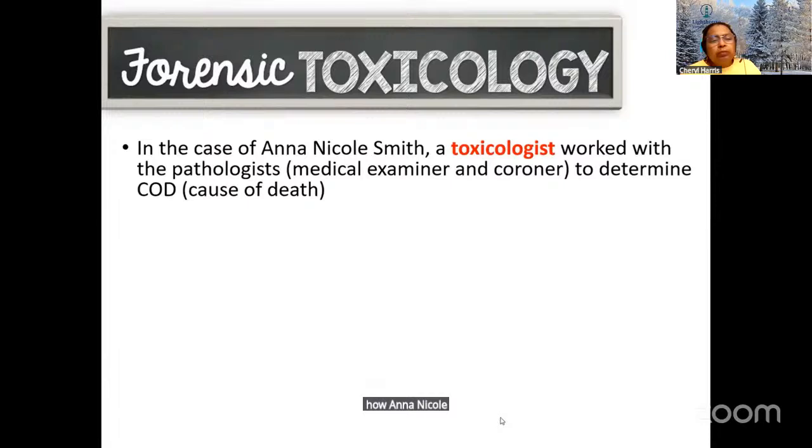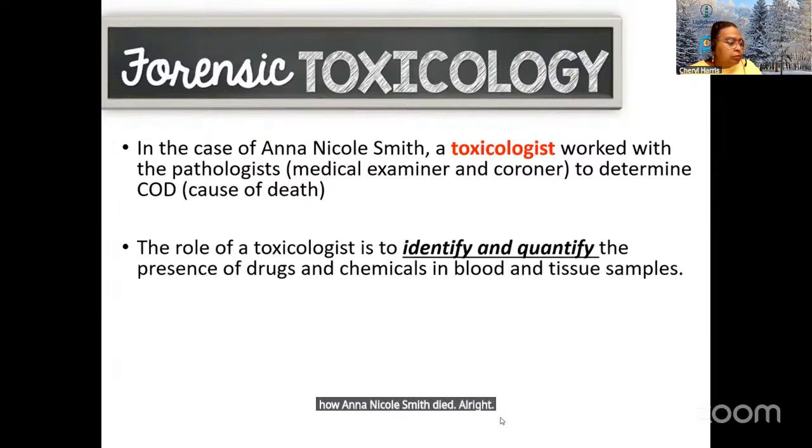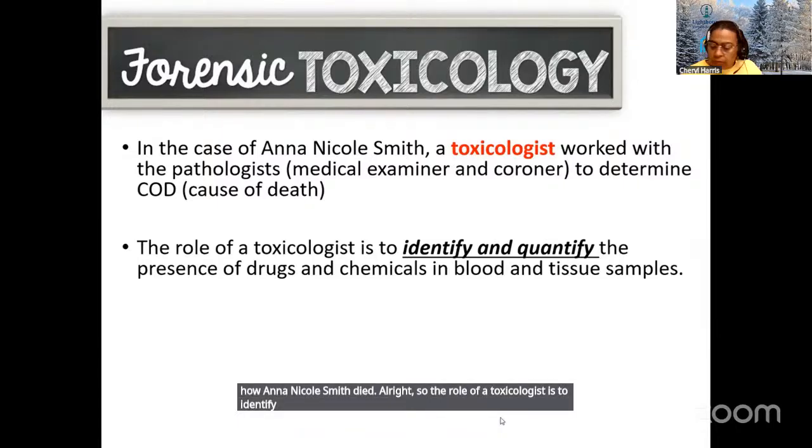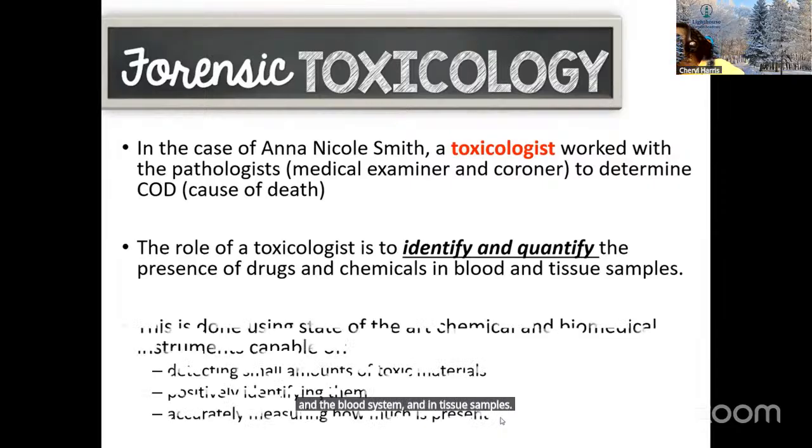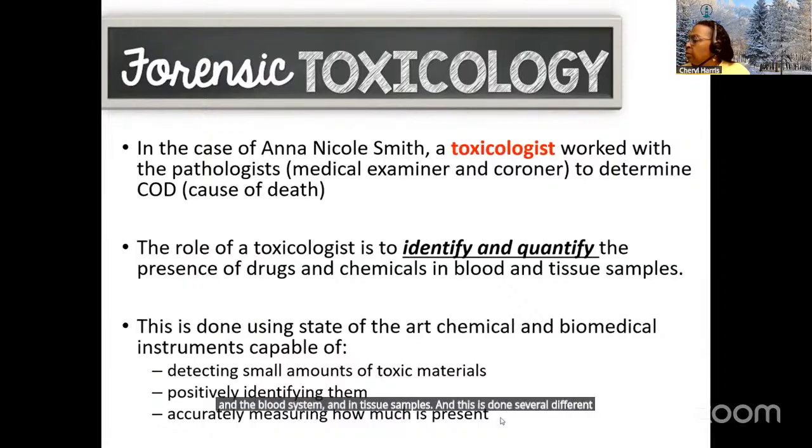All right, so the role of a toxicologist is to identify and quantify the presence of drugs and chemicals in the blood system and in tissue samples. And this is done several different ways, but it is an advanced science where they are constantly using state-of-the-art chemical and biomedical instruments.